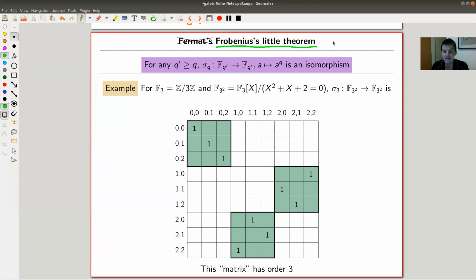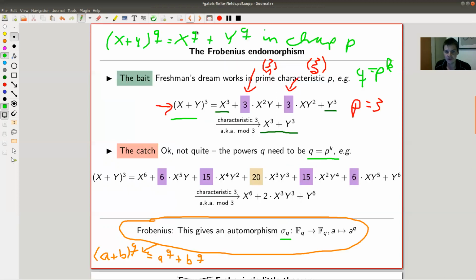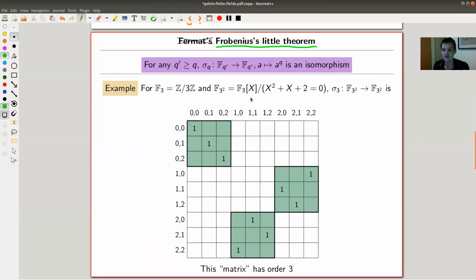The Frobenius automorphism is an isomorphism. A priori, what I just showed you, of course I called it already Frobenius automorphism, which implies that I already knew that it is bijective, but what I just showed you just proves that there is a map. So Frobenius also showed that this map is a bijection, so it's an isomorphism.